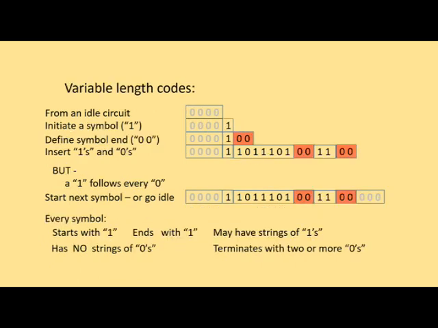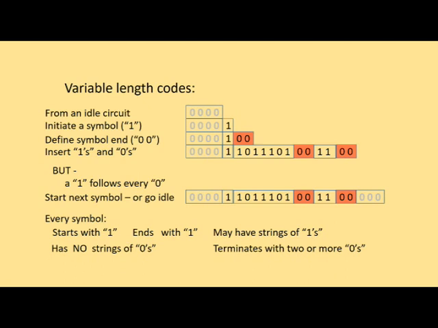In variable length codes, the situation is similar. The circuit is idle, transmitting a string of zeros, and things must start with a transition to 1. However, unlike Baudot with its 5 units following the 1, or 8 units in ASCII following the 1, the symbol can be of any length desired.